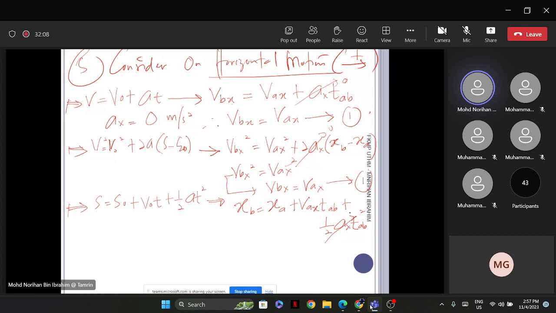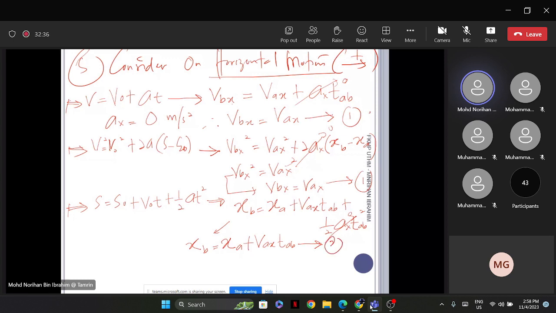Since ax is equal to 0, the equation becomes xb is equal to xa plus vax tab, where tab is the time of flight from A to B, from the initial position to the final position. So we got another equation.